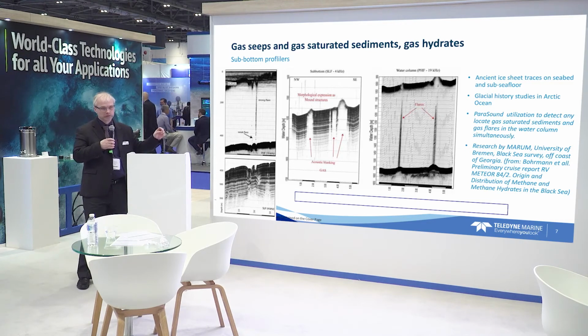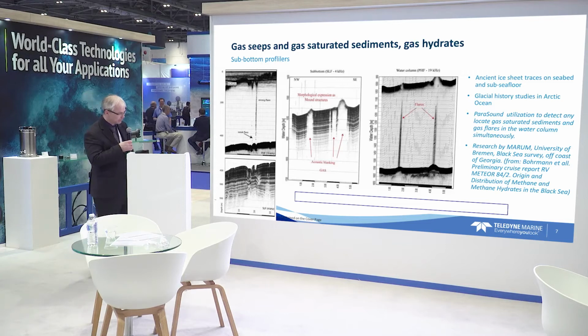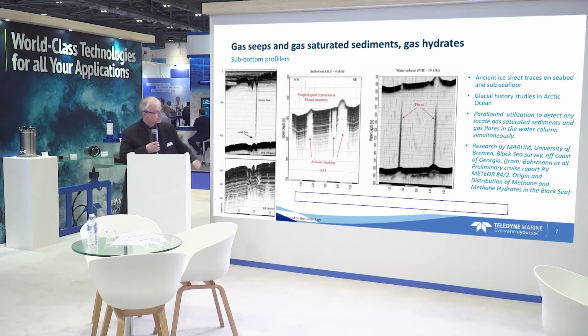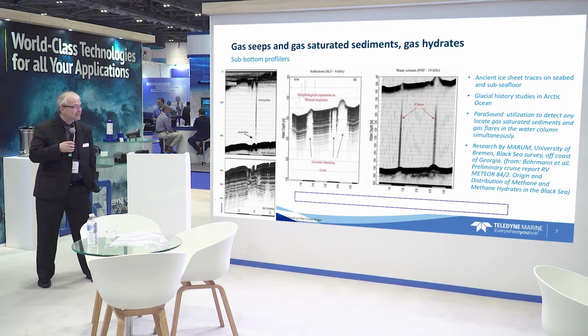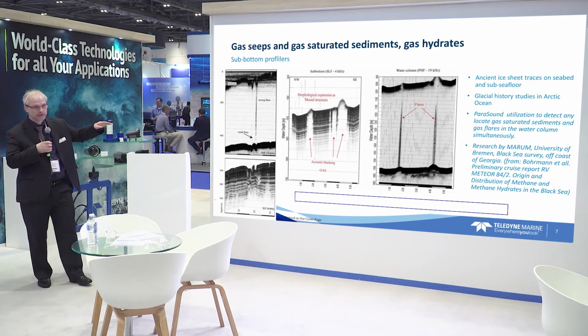So the sub-bottom profiler, used for detecting and localizing gas seeps, has one big advantage: we are not only able to work on the water column, and this is the image that you see on this side, but you also get some details of the sub-bottom, of the sediments, at the same time.